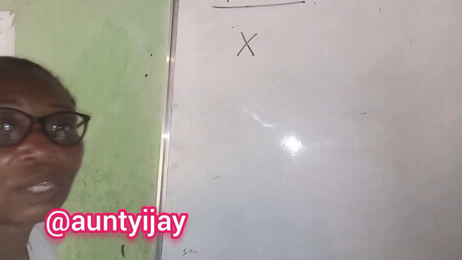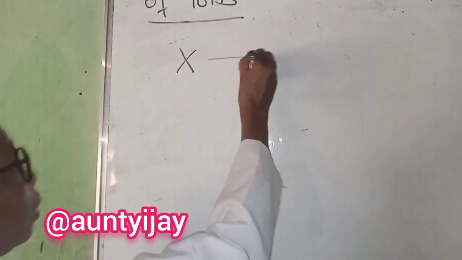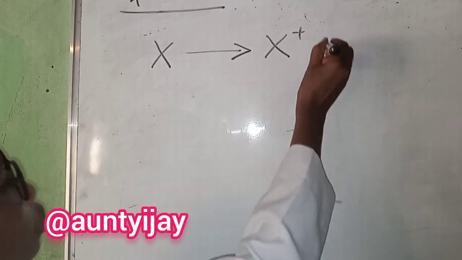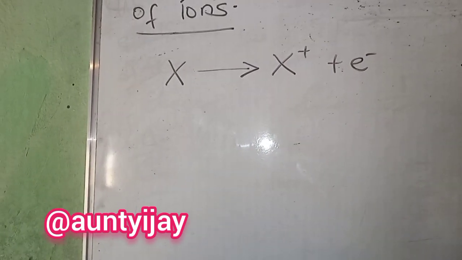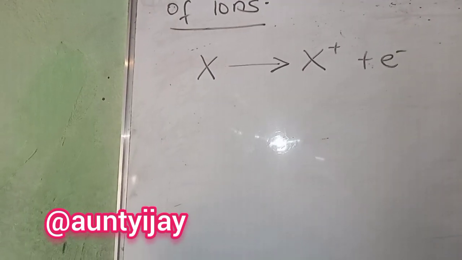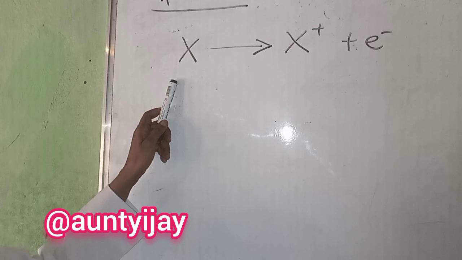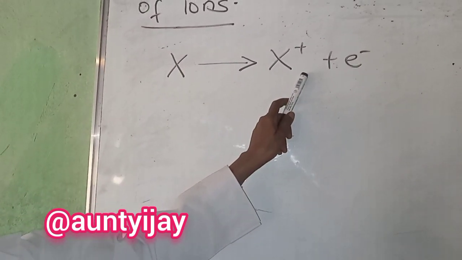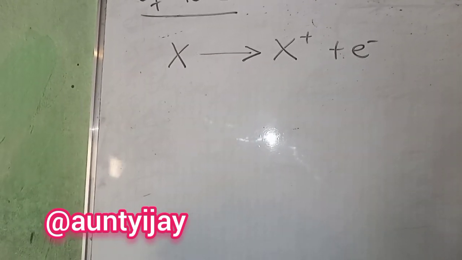Say this is the atom of an element represented by the letter X, and you have X minus an electron. The equation describes X as an atom that lost one electron to become a univalent positively charged ion.